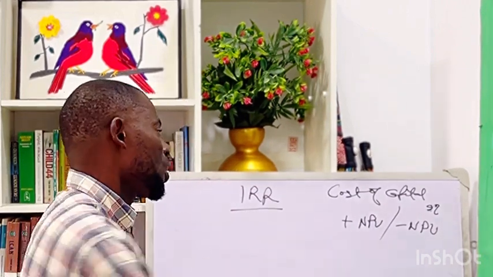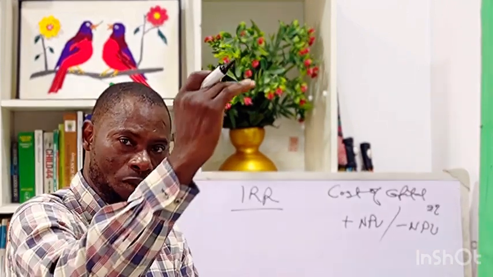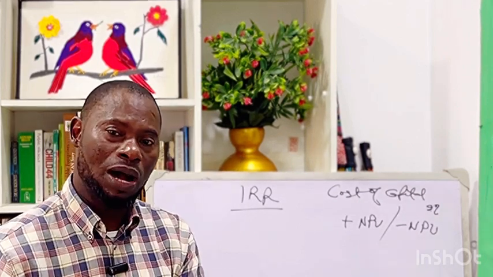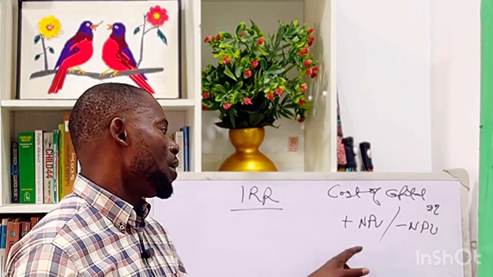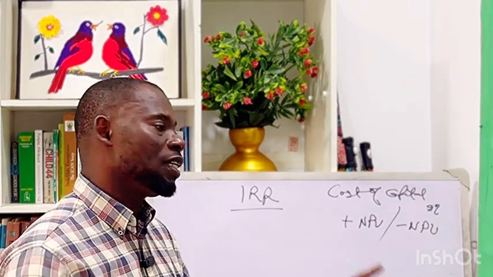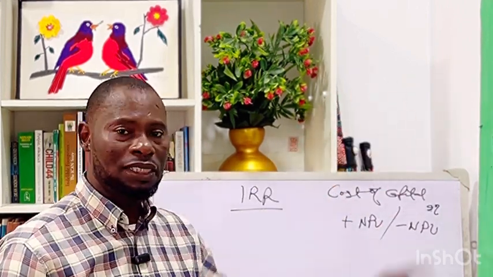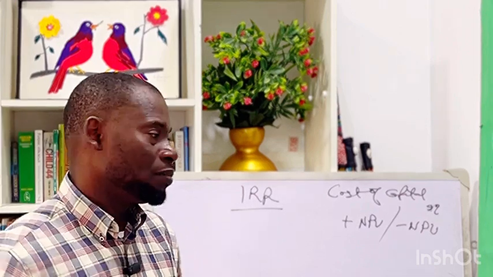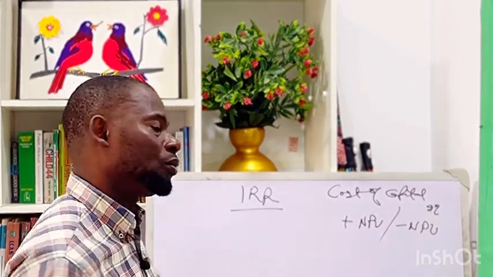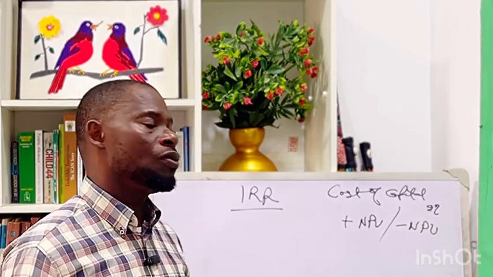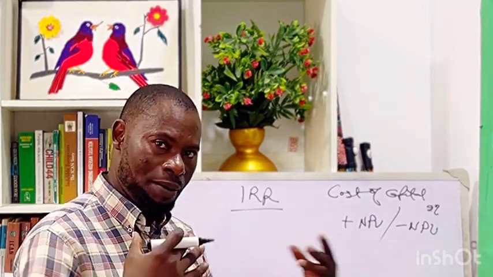And when you sum up your present values, you now have what we call the net present value. Now, when the NPV is positive, we say you accept the project. When it is negative, we say you reject, because it will not maximize shareholders' wealth, because it will not be profitable for you to invest in that project.